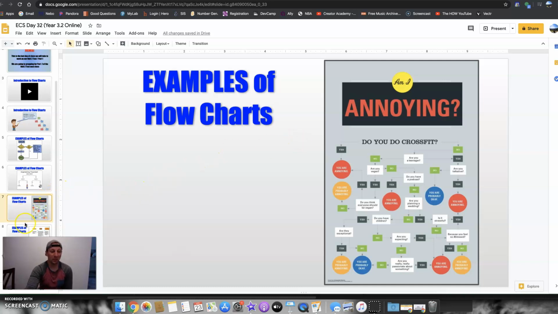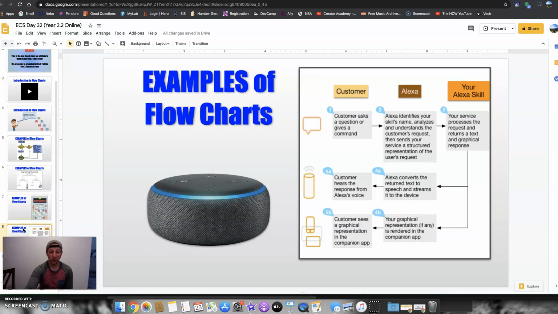So here is an example of where you see flowcharts. Flowcharts are how Alexa works, or Siri, or any other voice-based system on a computer.